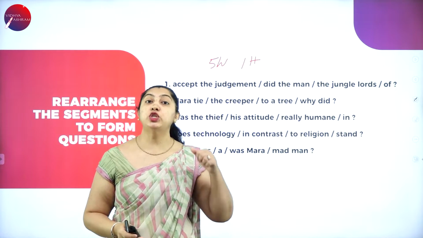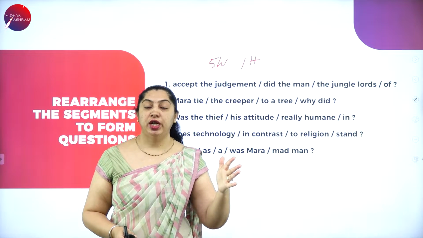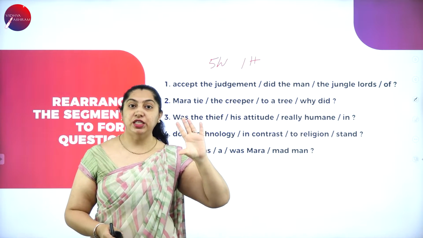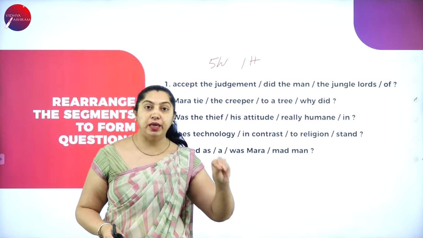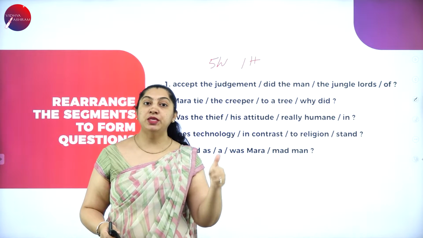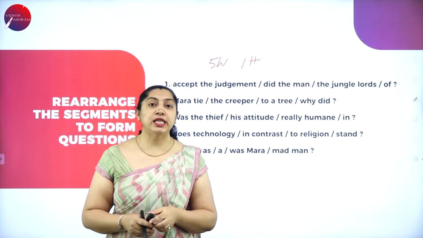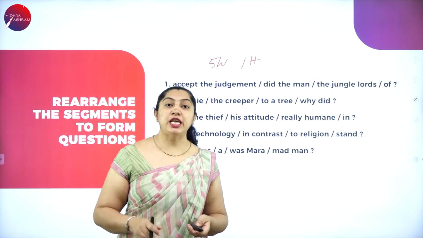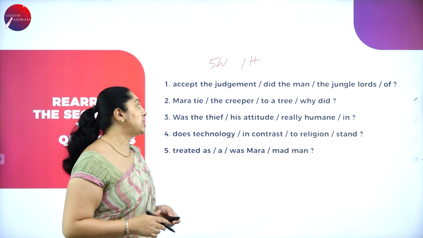It means who, where, when, what, which. These are the 5 W's. 1 H is how. If you know 5 W's, 1 H, auxiliary verbs, nouns and pronouns, do forms, then it is very easy for you to frame the question. Let's begin the session.